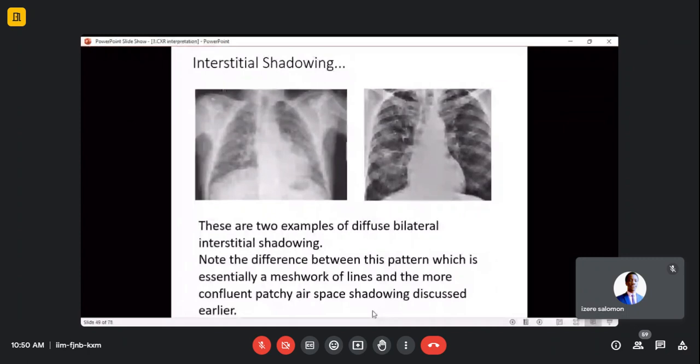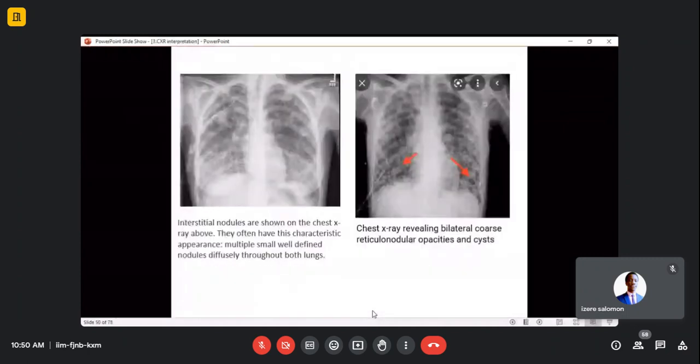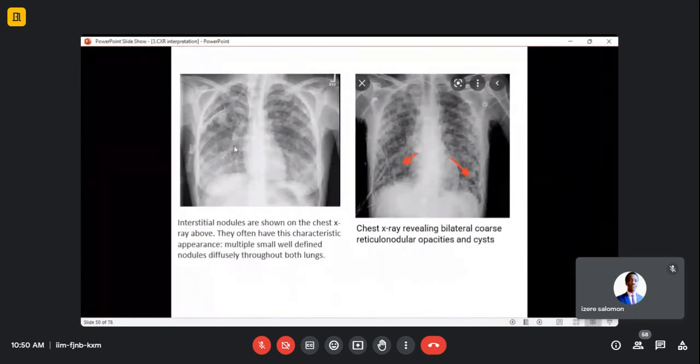So look at this one. Let us start with the first one. For this one now, can you see that it is even nodular, reticular nodular, and the prominent opacities are nodules. Okay. You see, they are mostly nodules. What I have just said, can you see this area here?